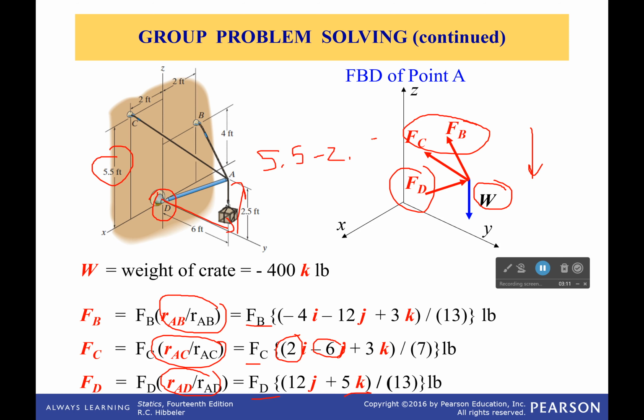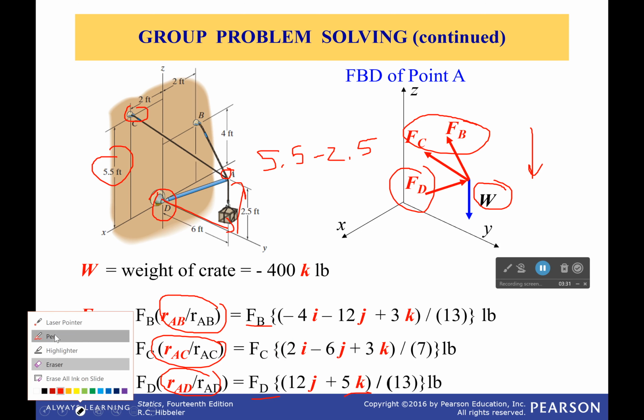It's the change in position. It's one point minus the other. So be very careful about that. That's where we get our 3 from. And our magnitude simply comes from Pythagorean theorem in 3 dimensions.